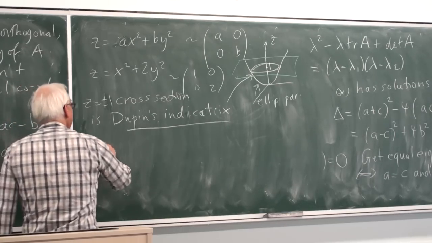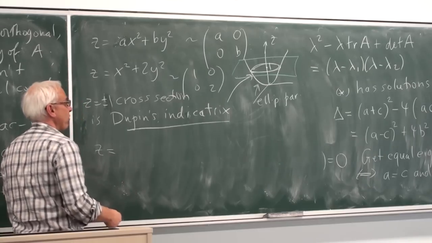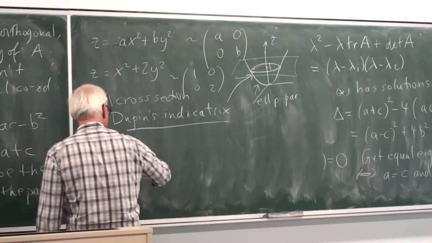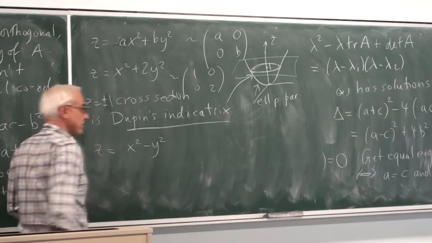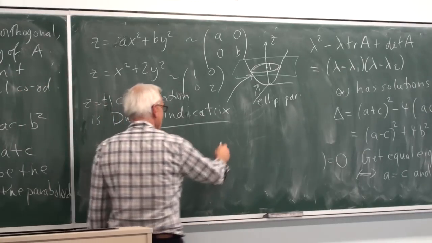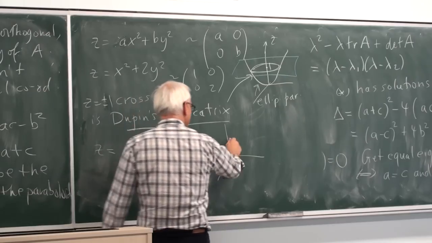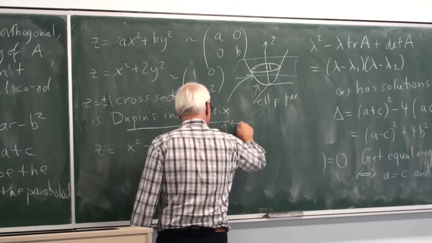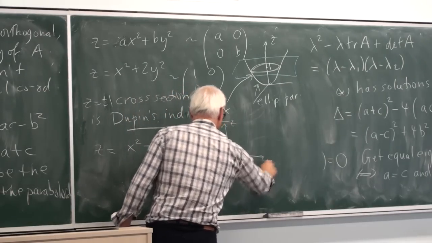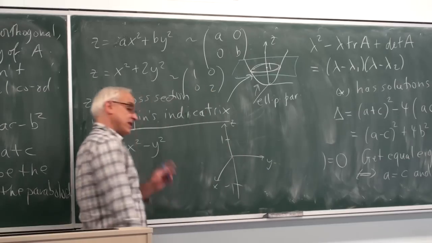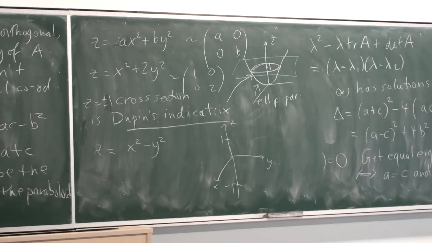If we have one that's a hyperbolic paraboloid, it's somewhat more interesting. So suppose we have, say, x squared minus y squared. Well then, okay, if z equals 1 and z equals minus 1, we can expect slightly different Dupin's indicatrixes.